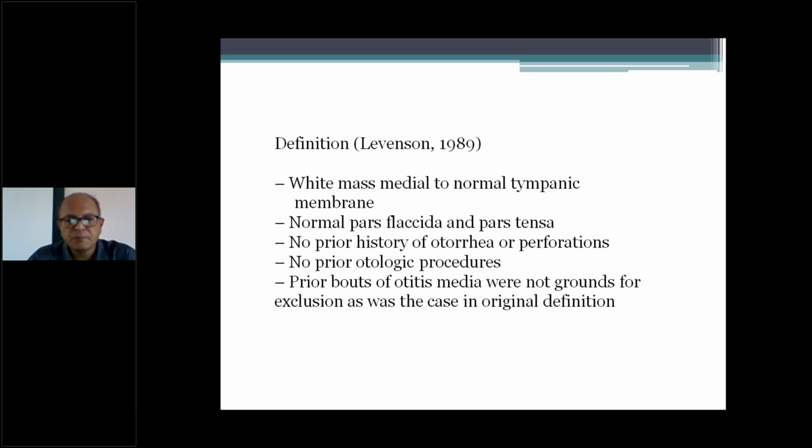So all these are characteristic. If all the following four characteristics are present and you see a white mass, then only you say it to be a congenital cholesteatoma. And usually this white mass is seen in the antero-superior quadrant of the pars tensa.